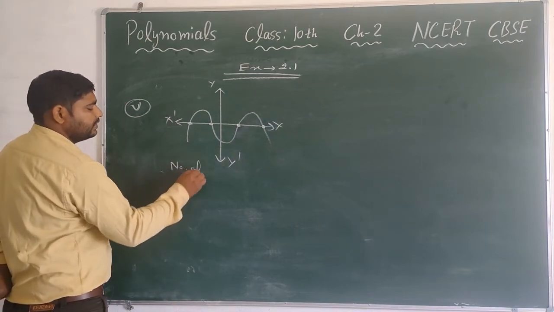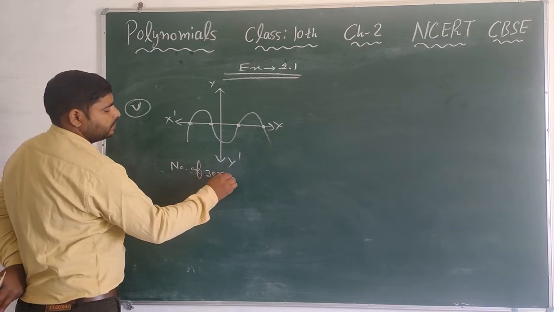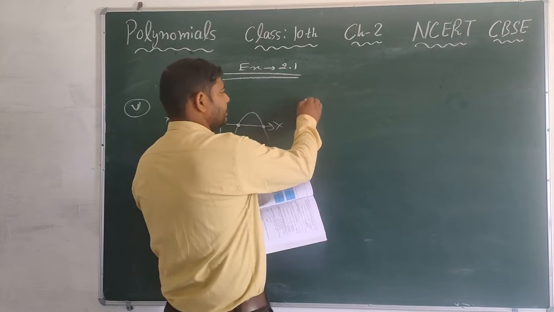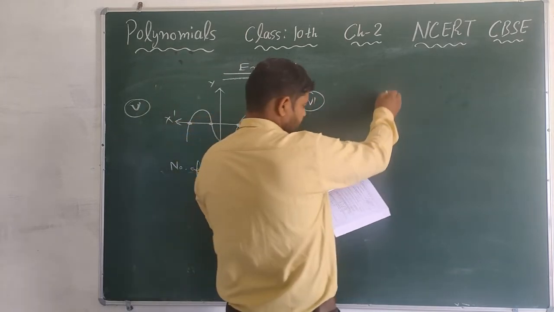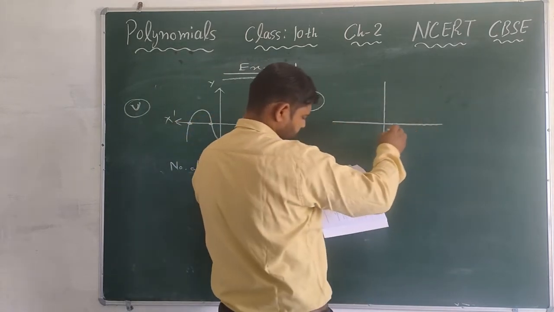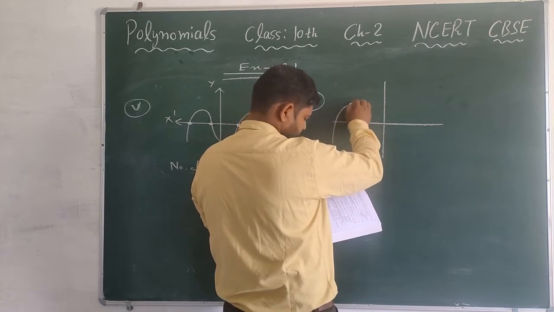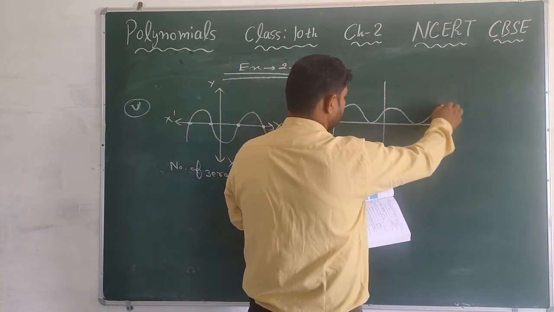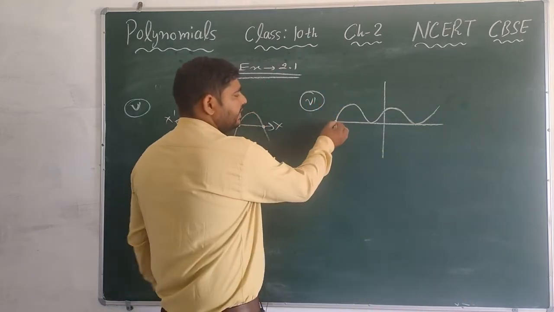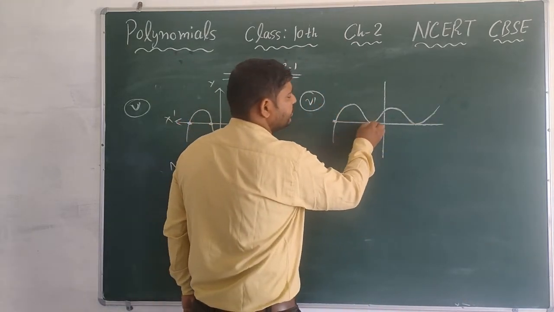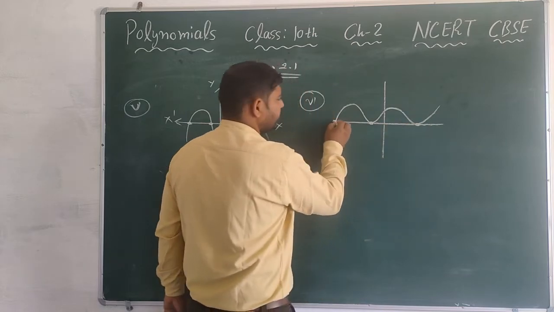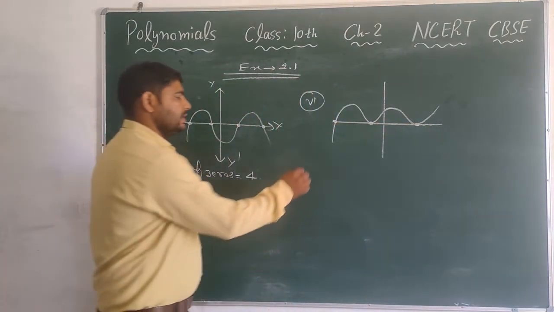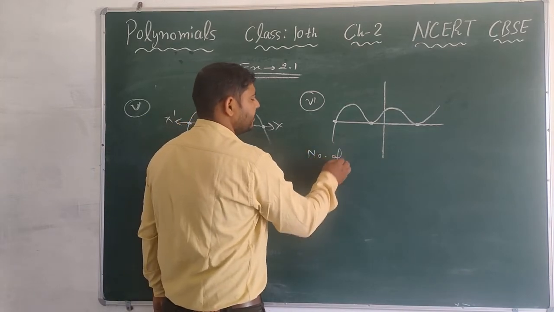So number of zeros equal to 4. And in part 6th, there are 3 zeros because the graph intersects the x-axis 3 times. So number of zeros equal to 3.